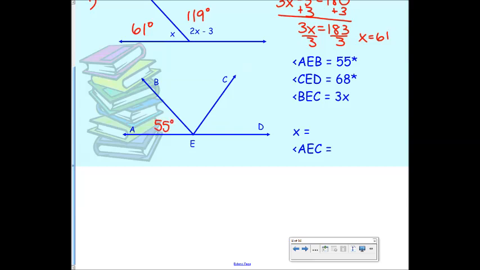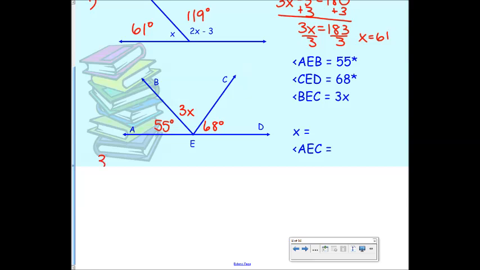And then BEC, which is the one in the middle, is 3x. What algebraic equation could I set up here? 3x plus 55 plus 68. The only difference is how many am I adding together? All 3 instead of just 2. So 3x plus 55 plus 68, and it's still going to equal 180.